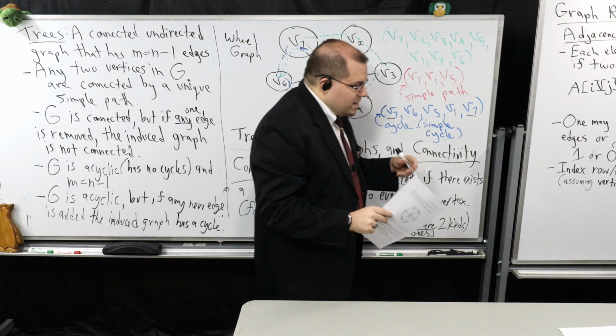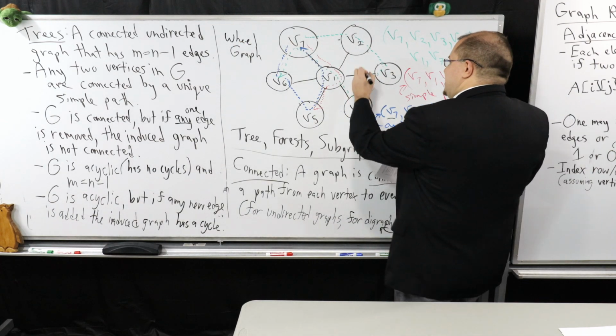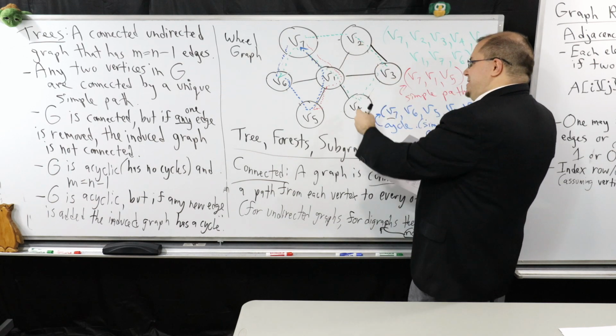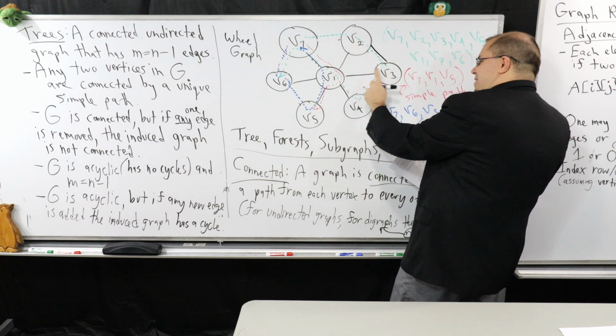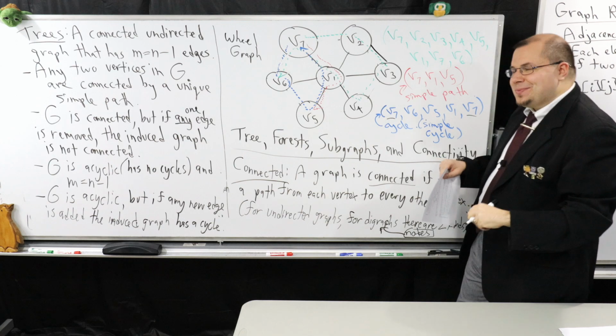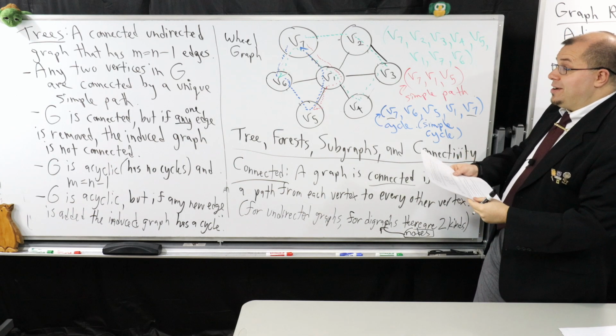So notice that in my example over here, if I just add any edge anywhere, notice now there's a cycle. I can go V1, V2, V3, V1. That's another way you can characterize what a tree is.